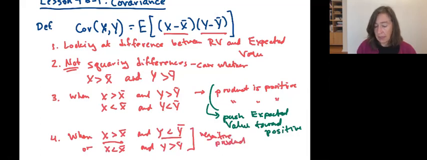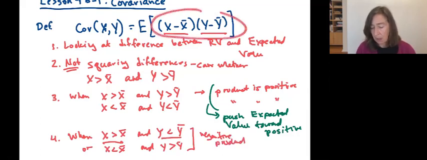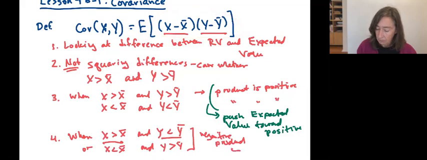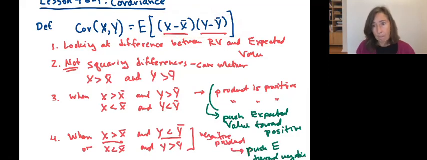Okay, this thing whose expected value we're taking, this whole product here, is going to be negative. And the more probability we're assigning to that is going to, let's make that green, push the expected value toward the negative.